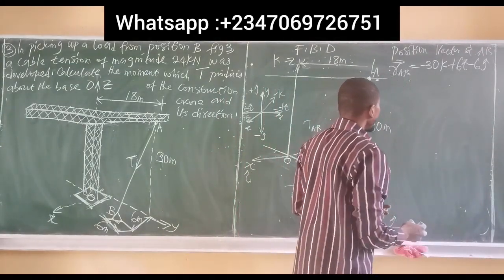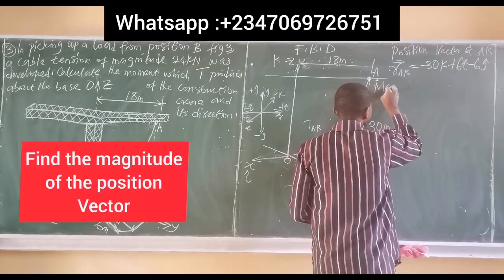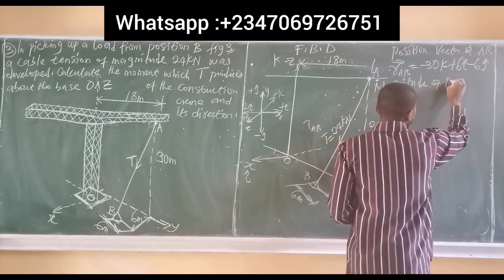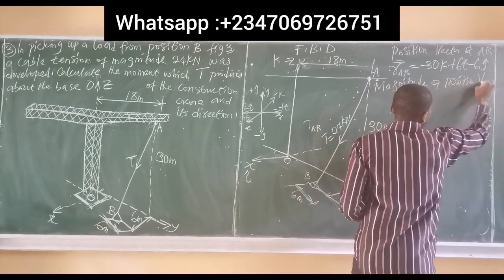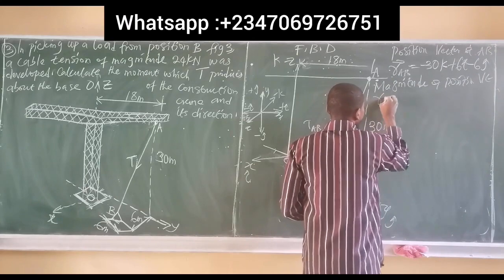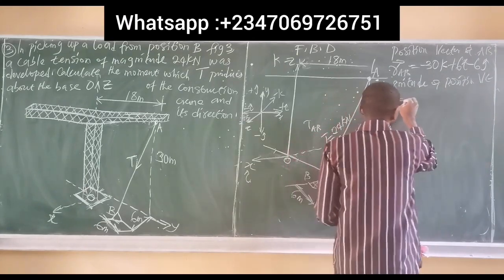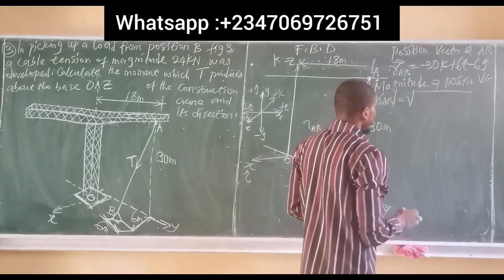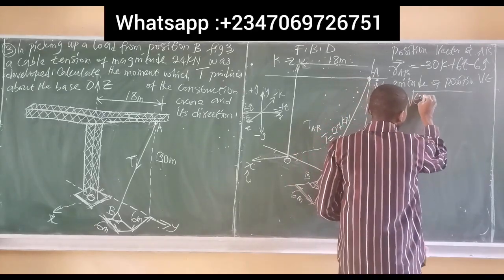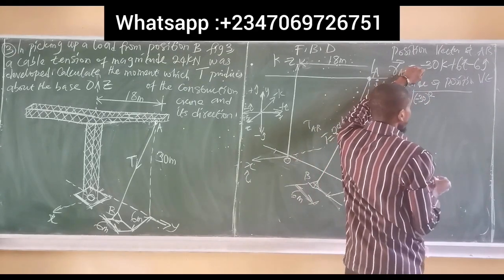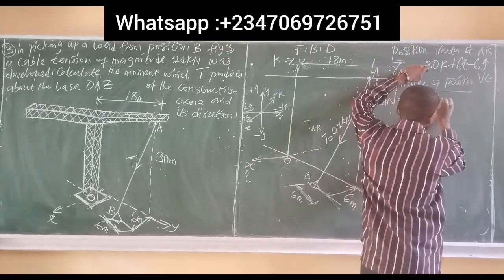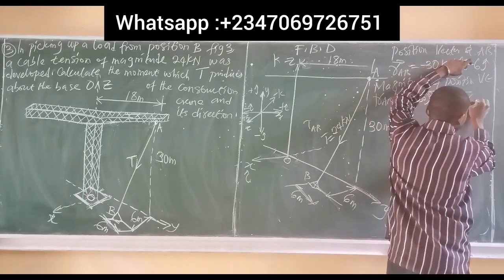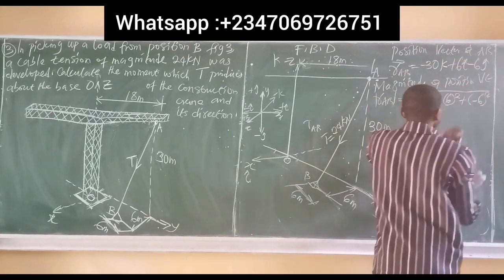Find the position vector. Next thing to do is to find the magnitude of the position vector. So, magnitude of position vector. Alright, and RAB magnitude simply means the square root of the sum of the squares of the individual positions. So I have minus 30 all squared, the positions obtained from the position vector, plus next is 6, 6 all squared, plus next is minus 6 all squared.